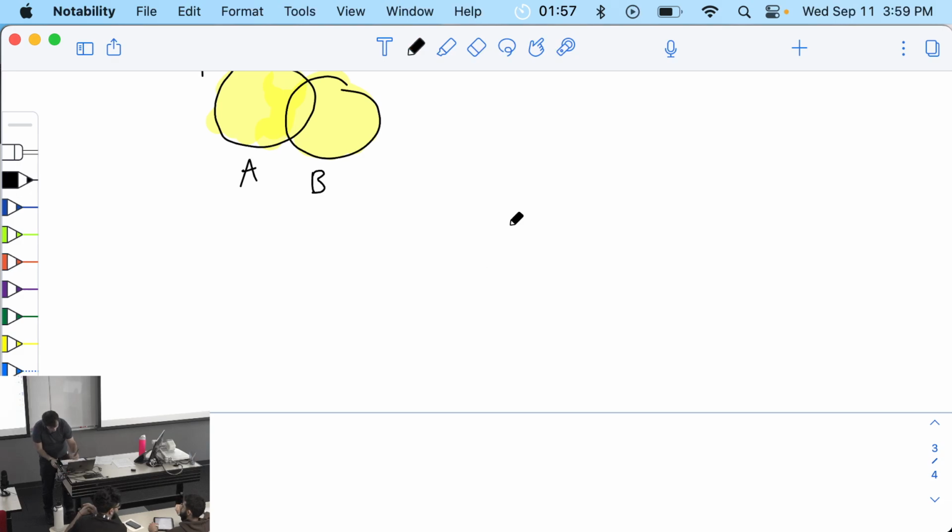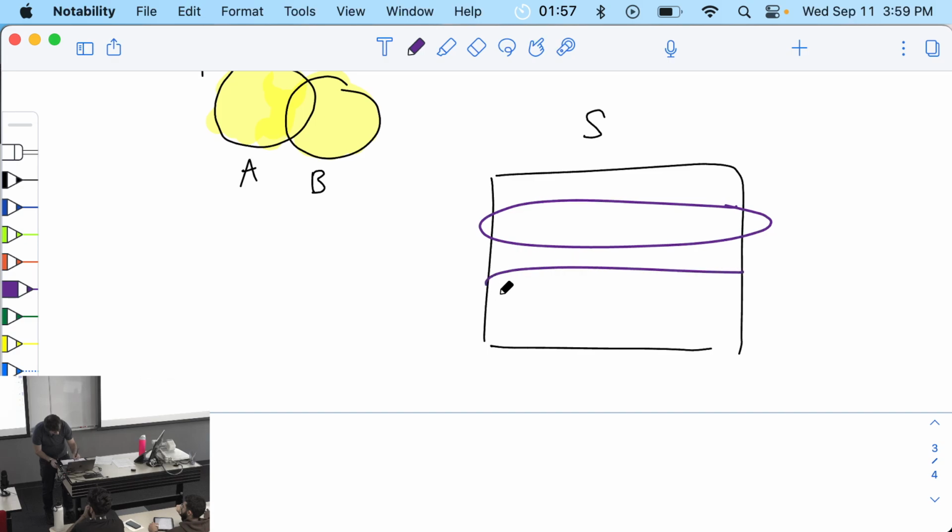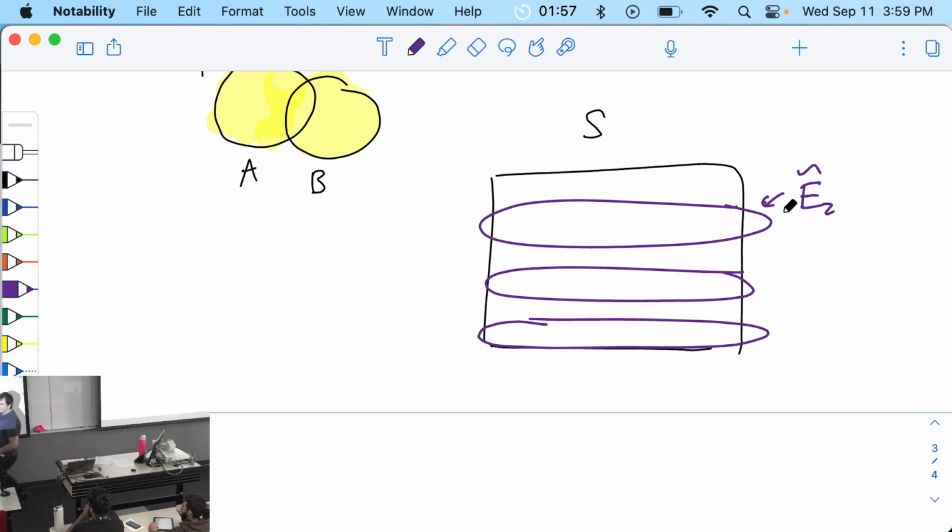Cartoons in math are the best thing. So here is the full probability space S. Here are the event E2 tilde, these rows, and E6, the sum is no more than 4, is this kind of triangle in the corner.